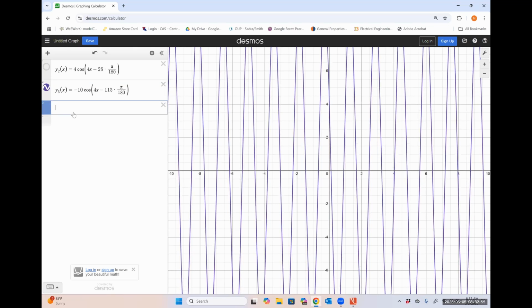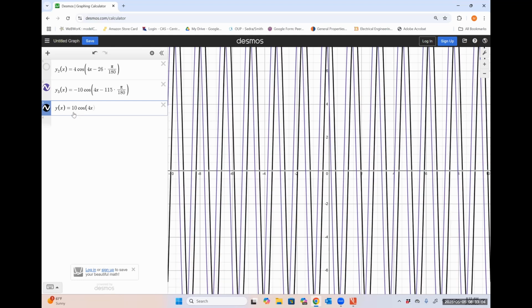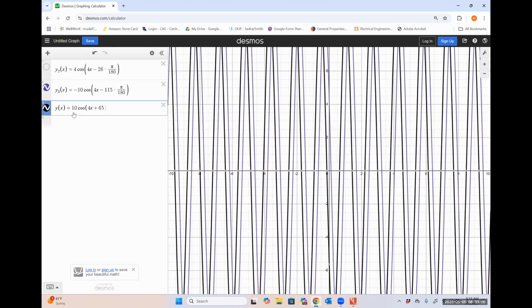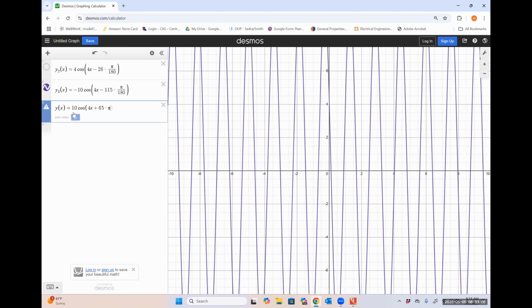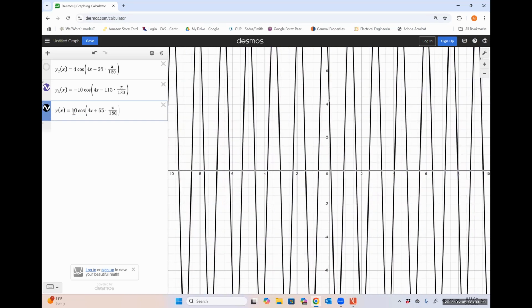So that's that purple curve. And I want to verify that it is the same as 10 cosine 4x plus 65 times pi over 180. And my black curve completely overlaps my purple curve. So just adding 180 will get us there.